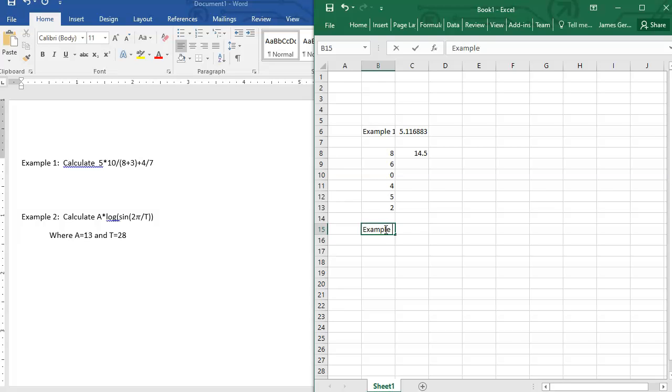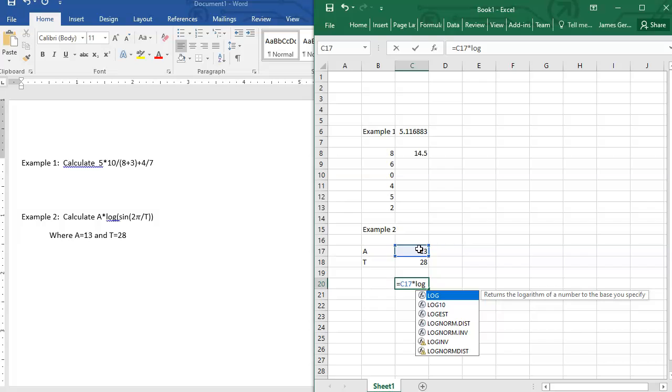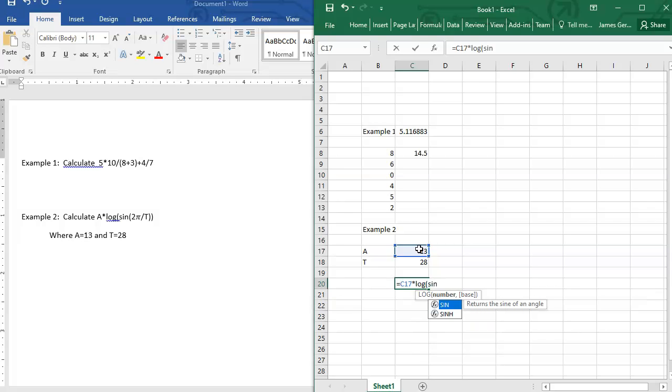In example 2, when you see problems like this, I'm always going to want you to do the A is 13, T is 28, right? And then come down here and say, well, the equation I'm trying to get is A times the log of the sine of 2 times pi, which is a function in Excel, divided by t.